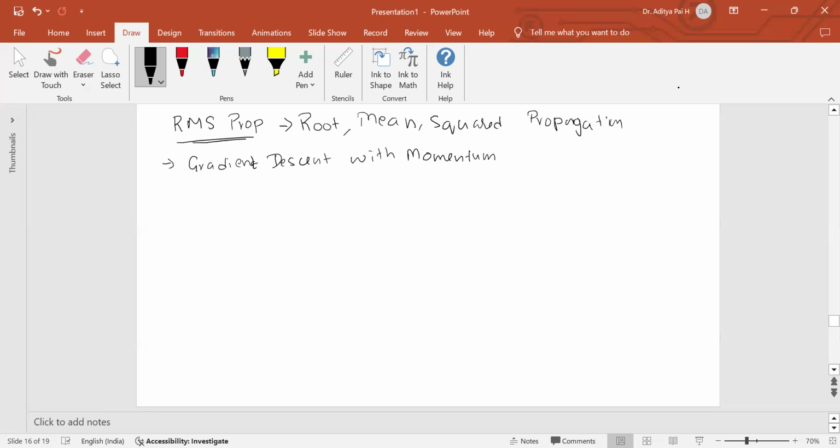In the same way, RMS prop, which refers to root mean squared prop, also speeds up the gradient descent.